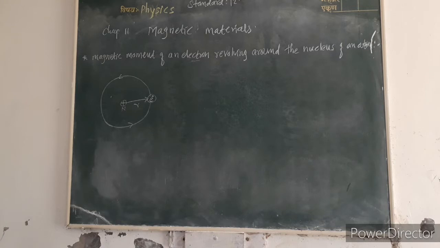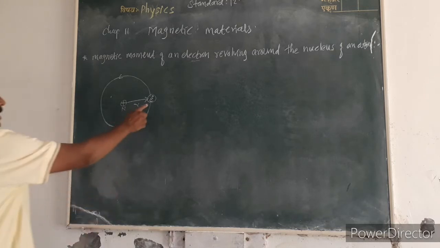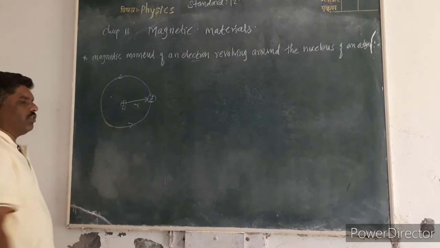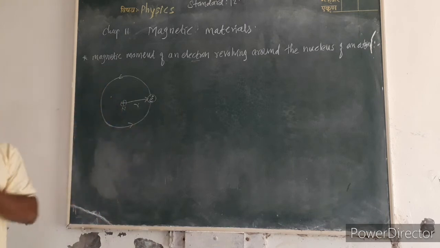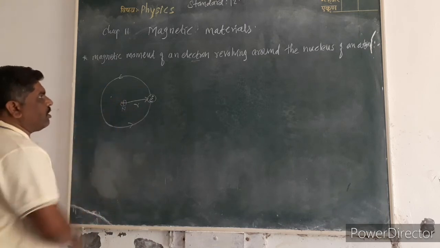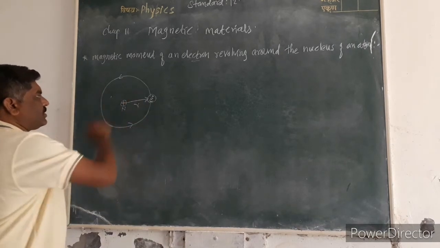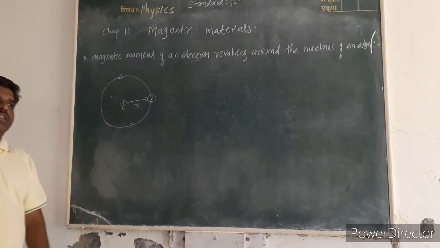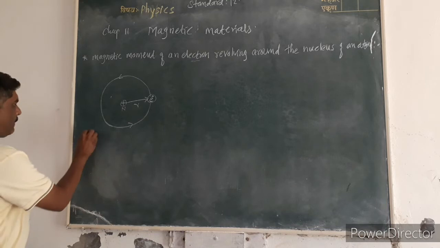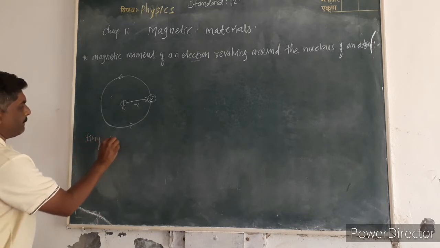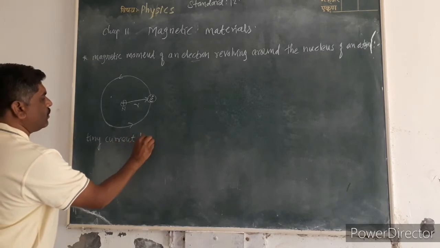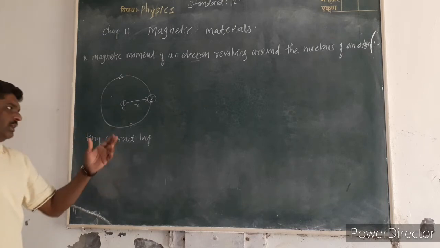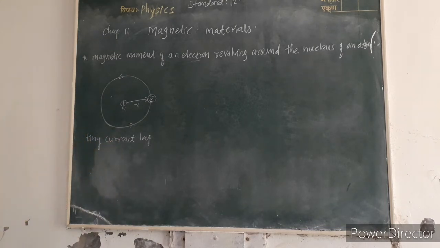Now consider a negatively charged electron revolving around the positively charged nucleus in a circular orbit, and small r is the radius of that orbit. This orbit acts as a tiny current loop.